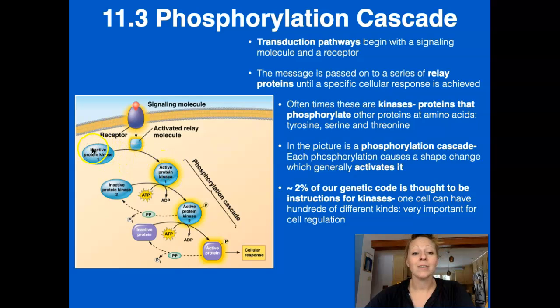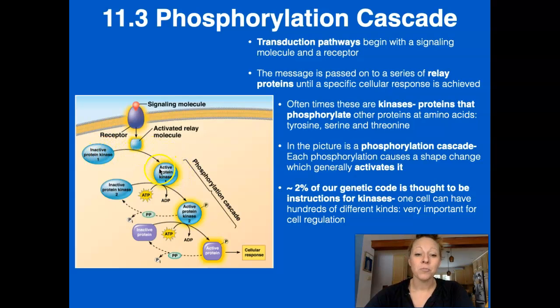Here we have a protein kinase. Remember that a kinase is going to remove a phosphate from an ATP, and it's going to activate. So here we have an activated relay molecule, which we've talked about in past videos. And that's going to take this inactive kinase, and it's going to activate it.